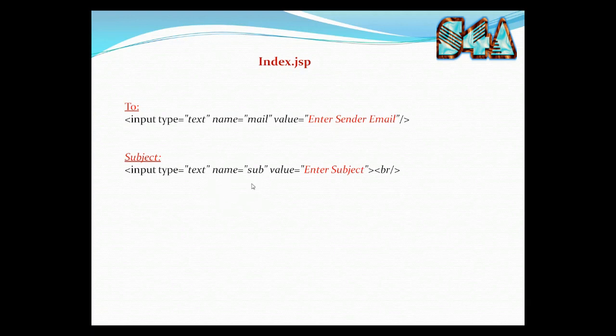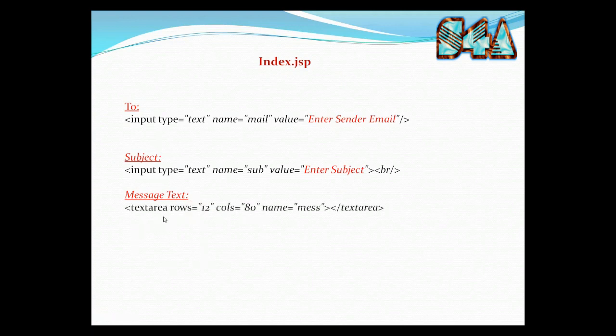When you define the name, the subject name, this is the name which is accessed by the getParameter method, so it is mandatory to define here. Here is the mail, here is the subject. Also I mention only three fields, like to, subject and message text.